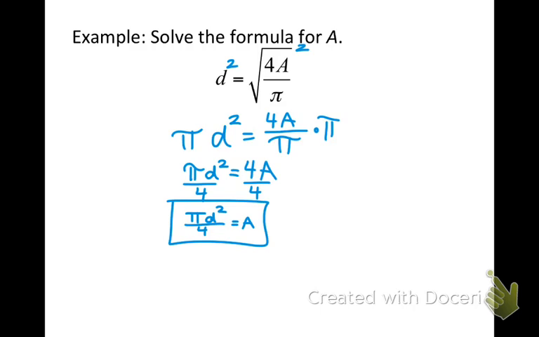Let's have you try one on your own. How complicated are you going to get them? That's not very complicated. Try this one out. See if you can do it.